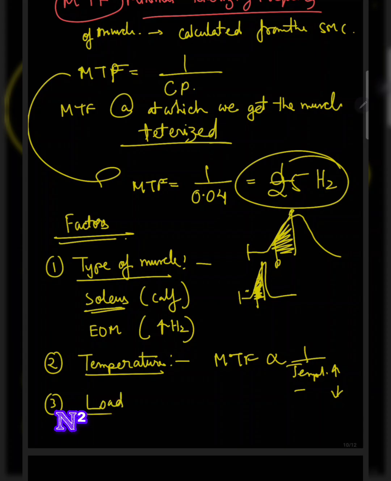As I told you, load helps in priming the muscle. Formula wise, MTF is inversely related to load. If you are increasing the load, you will tend to get a lesser frequency of MTF, and if you are decreasing the load, the MTF increases.